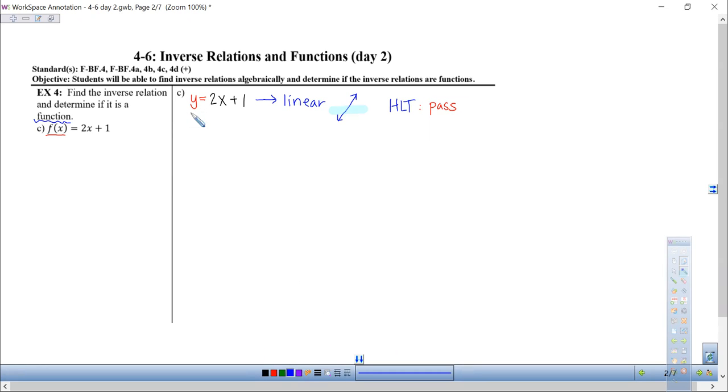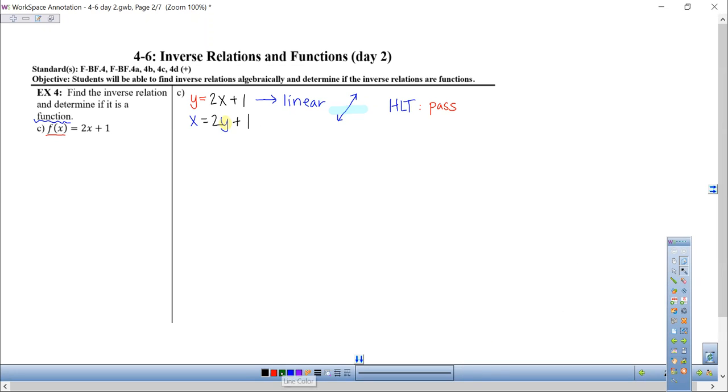Our second step in the process is switching the places of x and y. Remember, that's the idea of creating an inverse function. So instead of y equals 2x plus 1, we're going to solve x equals 2y plus 1 for y. We want to isolate the y now.